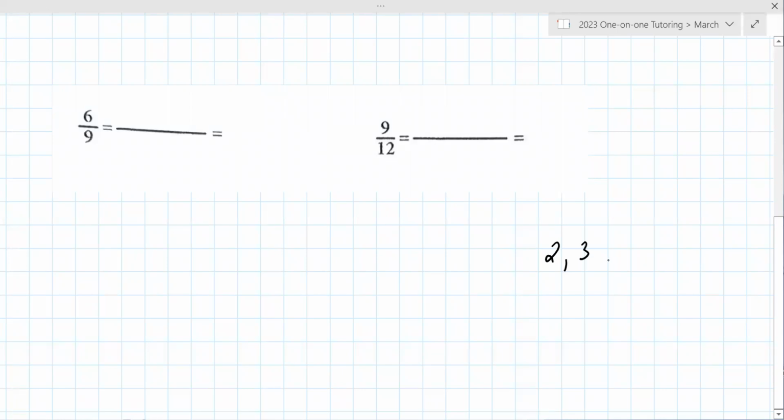You always try 2, and hopefully 2 works, but for 6/9, 2 does not work. Then you go to 3, and 3 does. You try the number until it doesn't work anymore. So we do the same thing here on 9/12. You divide by 3. So 3/4. Yes.